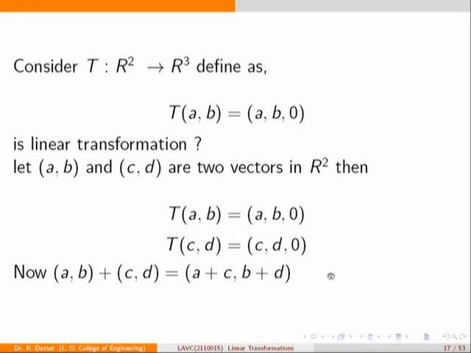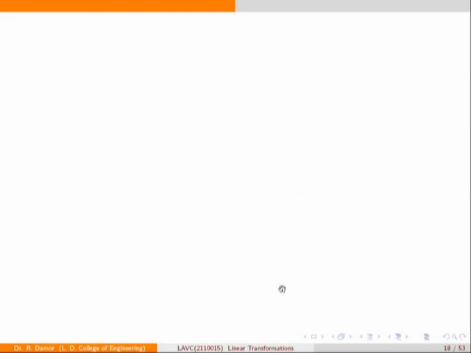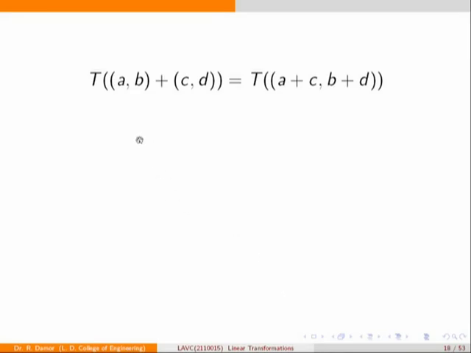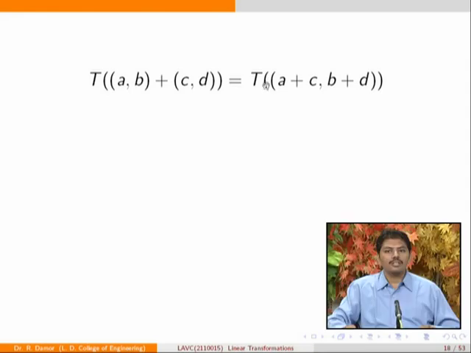Now again I have to find the transformation for (a + c, b + d). This is the transformation of (a, b) plus (c, d), also written as T of (a + c, b + d).